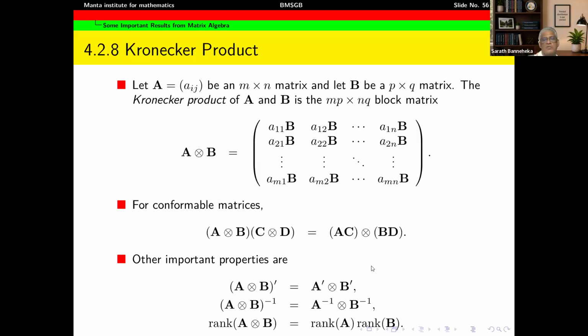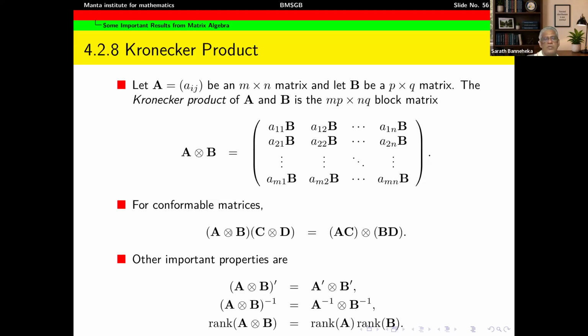And then there are some results that are applicable to this new product called the Kronecker product. If you are considering conformable matrices, that means in order to multiply like this, you have to have comparable dimensions, right?